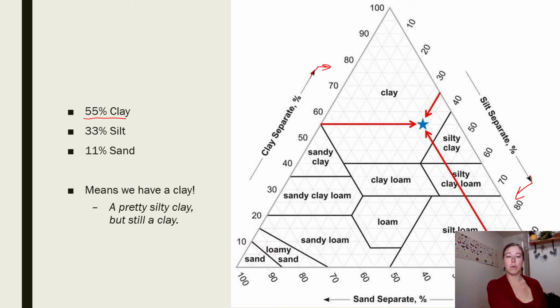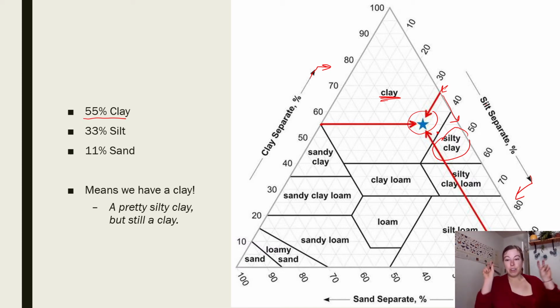You can follow 55% clay across, and you can follow 35% silt across, and this is where we end up. So we have a clay. It's a fairly silty clay, but it's still a clay, because if it was officially a silty clay, it would have to be more than 40% silt.